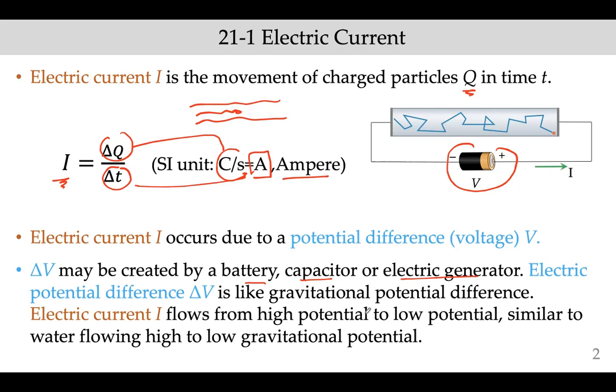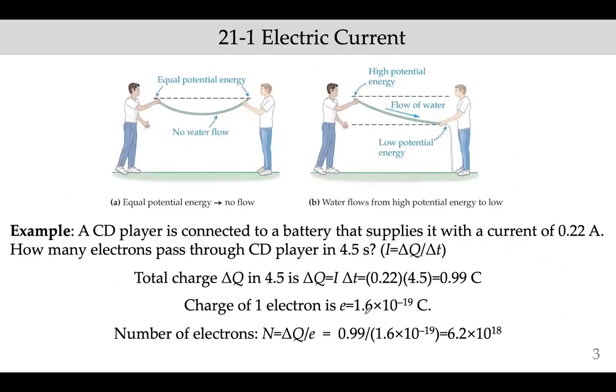So let's look at this figure. These two people are holding a garden hose which is filled with water, but if the ends are at the same level, which means they are at the same gravitational potential, then the water will not flow, even though there's some water.